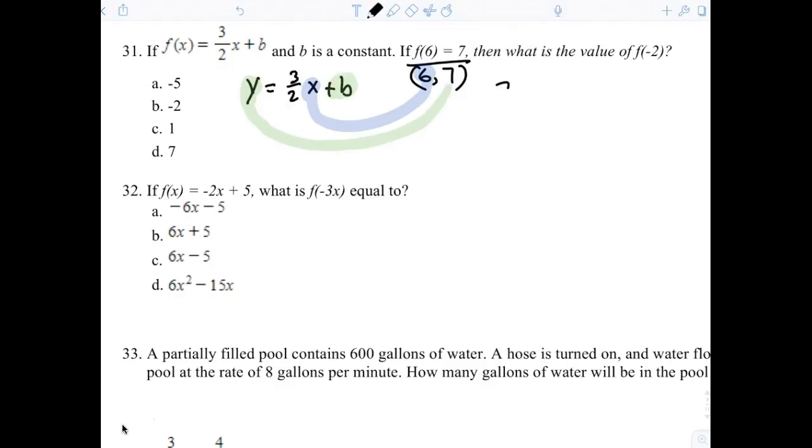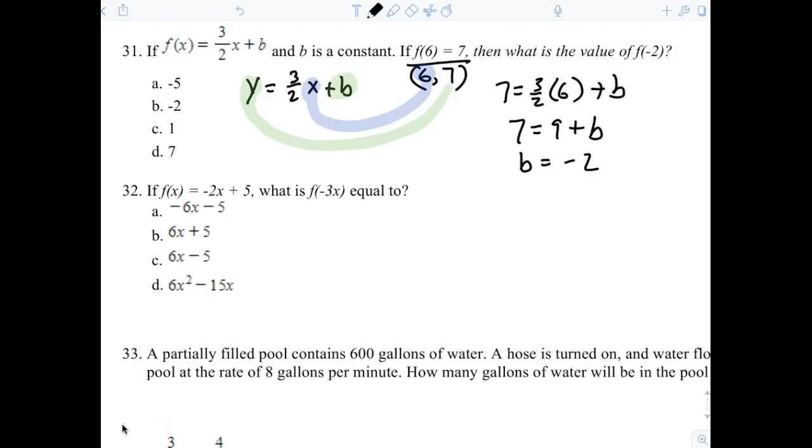So 7 equals 3/2 times 6 plus B. Well, somebody tell me what 3/2 times 6 is. 18 halves, which is 9. So 7 equals 9 plus B. So B equals what? So B equals -2.